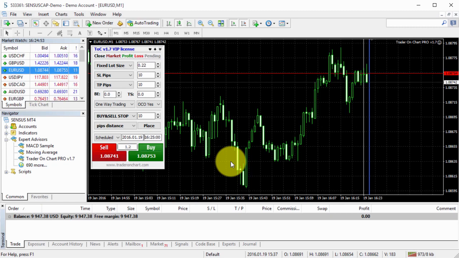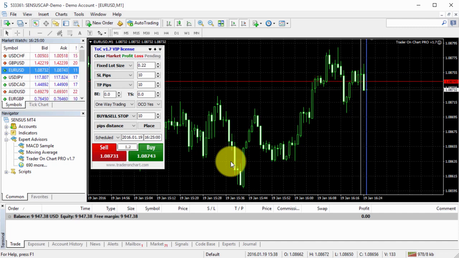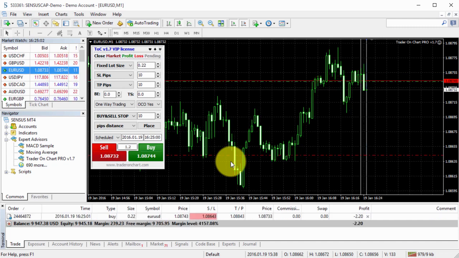So right now we can see a blue vertical line. It means a buy trade is scheduled. And here it goes. So at the exact time, application executes the scheduled trade at the market price that was at that very same moment.